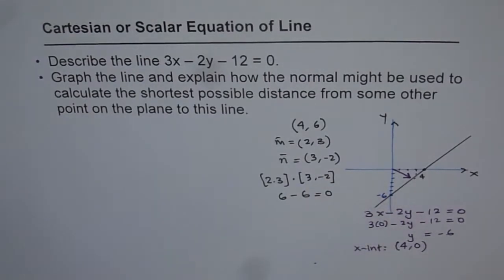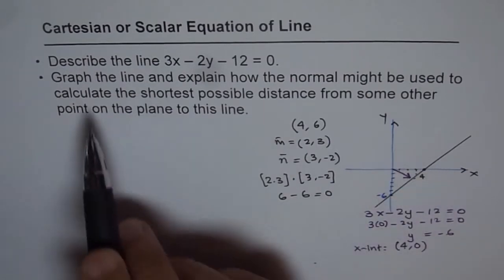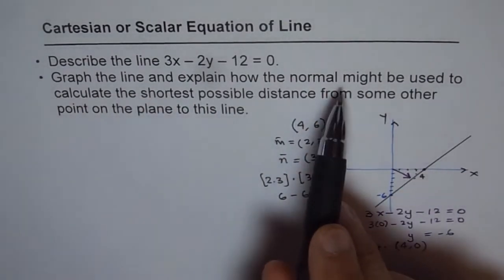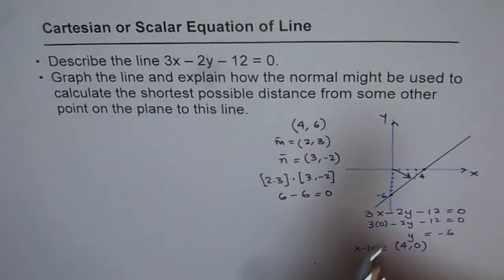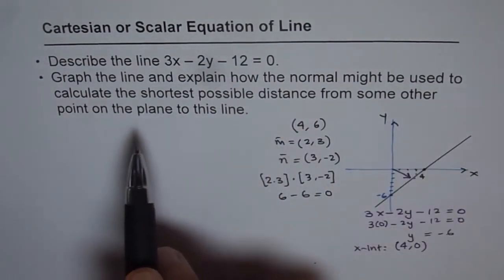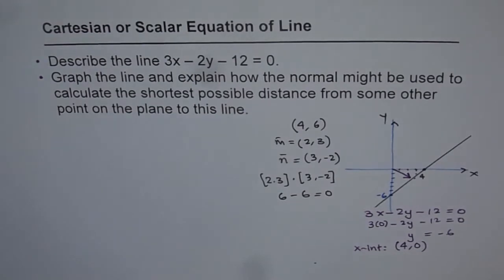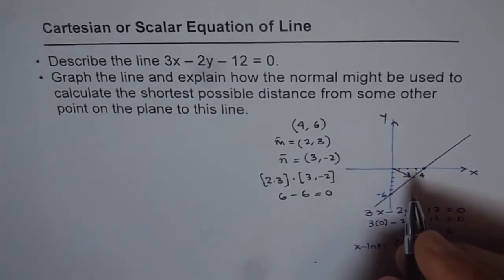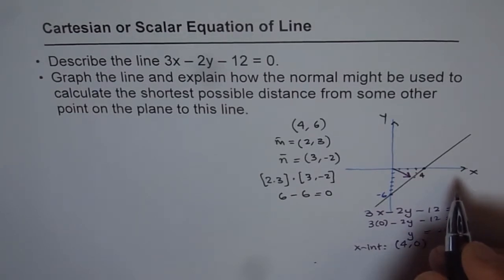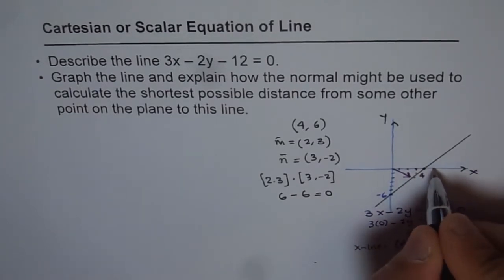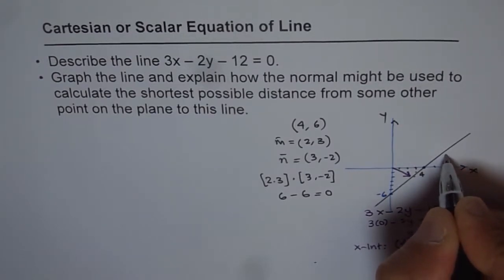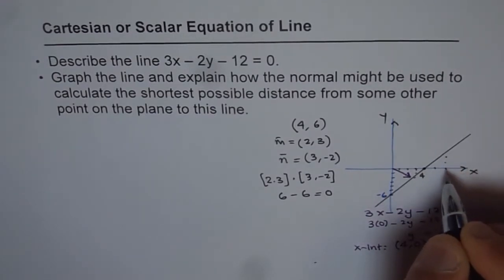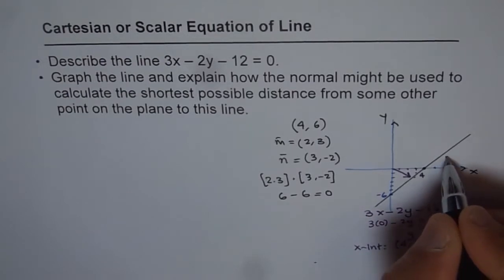Now, part B of this question is, graph the line and explain how the normal might be used to calculate the shortest possible distance from some other point on the plane to this line. If I take any other point on this plane, let's say this is our point, 6, 2.